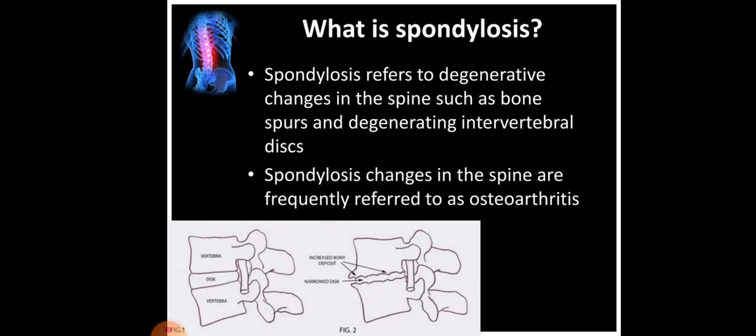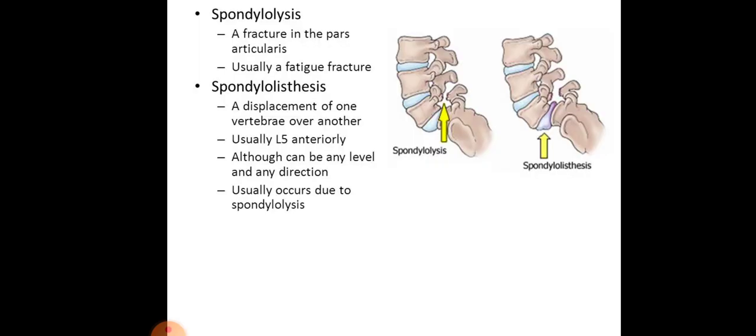Spondylosis refers to degenerative changes in the spine such as bony spurs and degenerating intervertebral discs. These spondylotic changes in the spine are frequently referred to as osteoarthritis. Then we have spondylolysis. A fracture in the pars interarticularis is known as spondylolysis. These are somewhat confusing terms, that's why I am adding these points in this slide. So please, you must know and go through it.